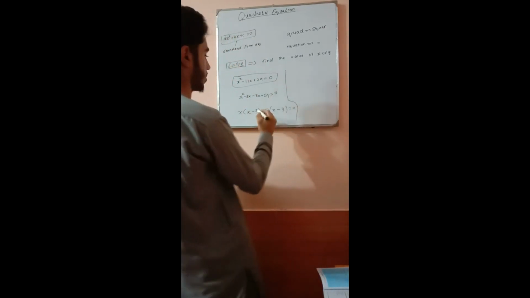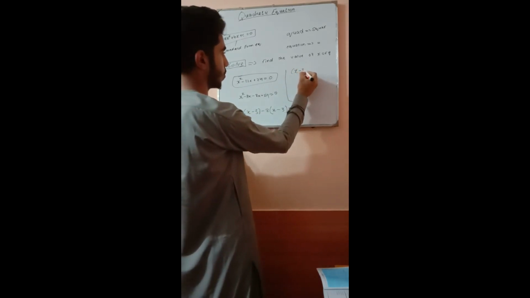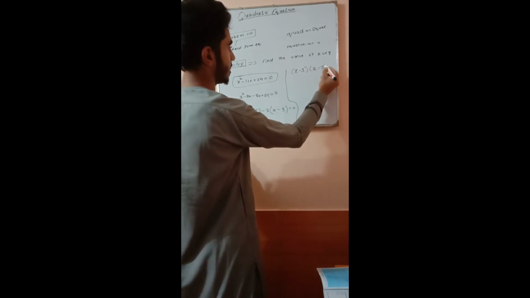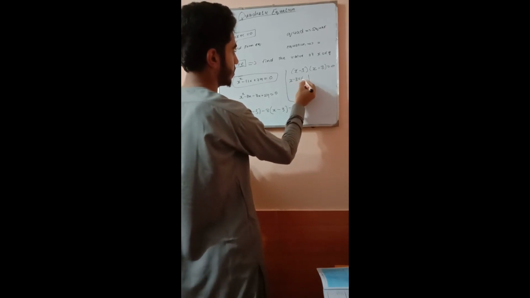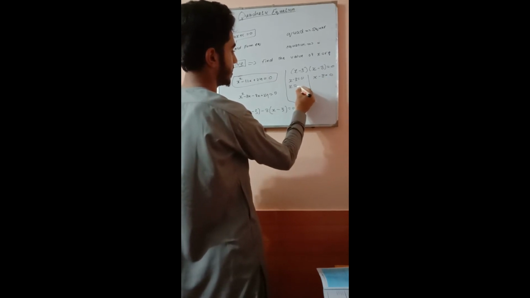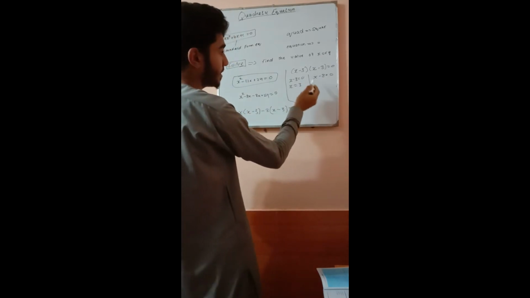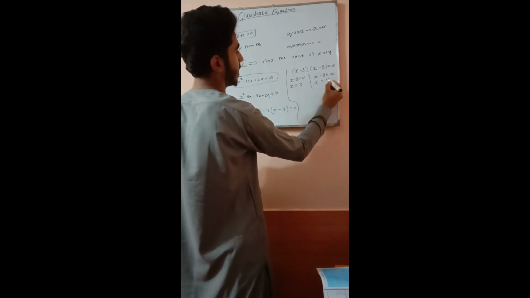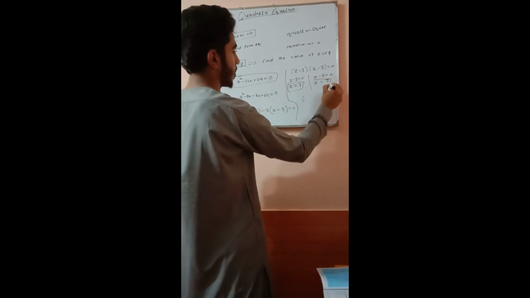So we again take common: there are two times x minus 3, so we write it one time, and x minus 8 is equal to 0. X minus 3 is equal to 0. X minus 8 is equal to 0. X is equal to 3. Here it is minus, and when we send it to the other side, its sign changes to plus, and x is equal to 8, okay.